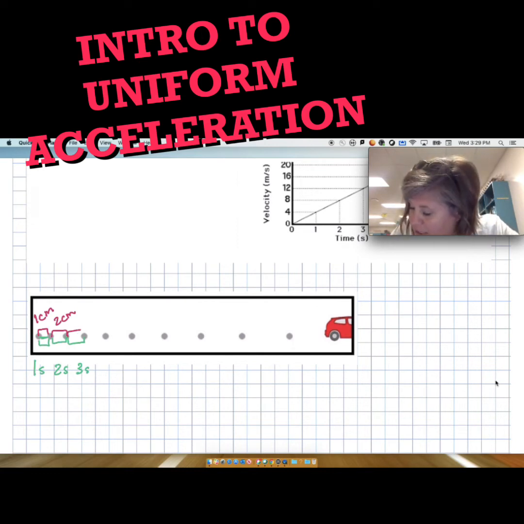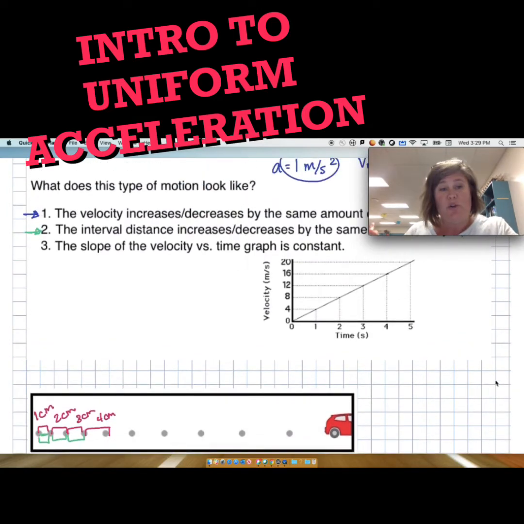The interval distance here would be 3 centimeters, which is 1 centimeter more than the 2 centimeter previous interval distance. The next one would be 4 centimeters. So the interval distance is increasing by 1 centimeter every, in this case, 1 second. And again, that could be an increase if it's speeding up, or a decrease if it's slowing down.